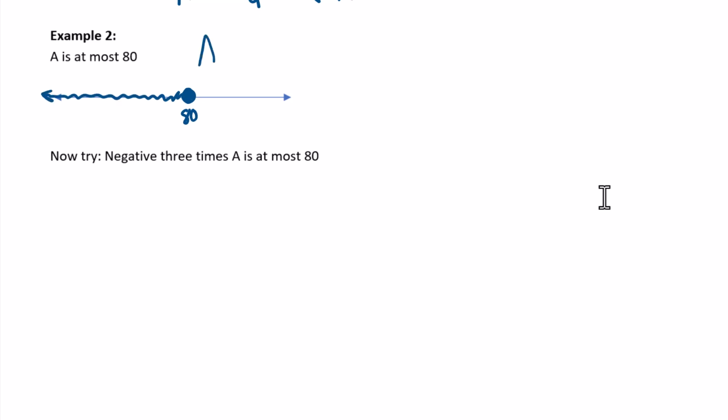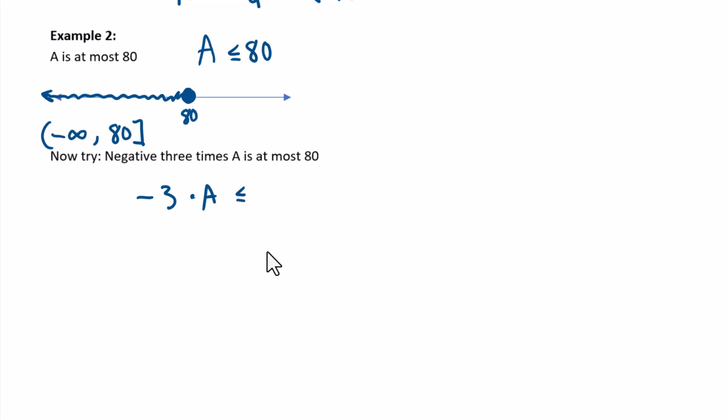We would write this as a is less than or equal to 80, and the interval that this would be on would be negative infinity to 80 with a bracket. It's a right-bounded bracket.